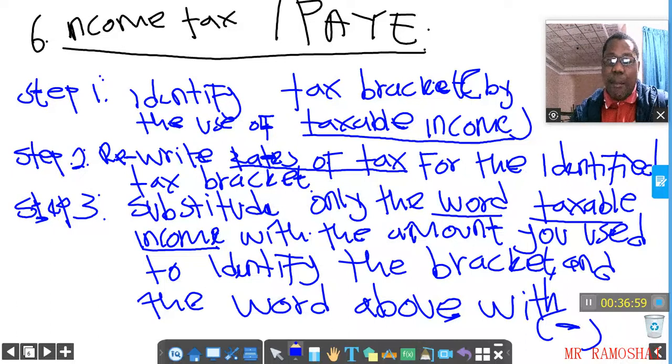You get it? That is the amount you write here. Then you also replace the word above with minus. So we're no longer going to have the word above; we're going to have a subtraction, then that amount at the end.